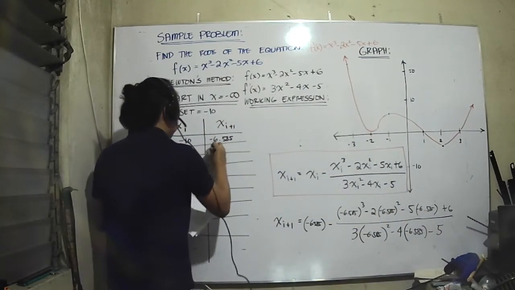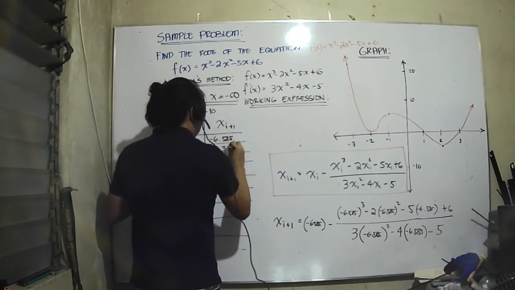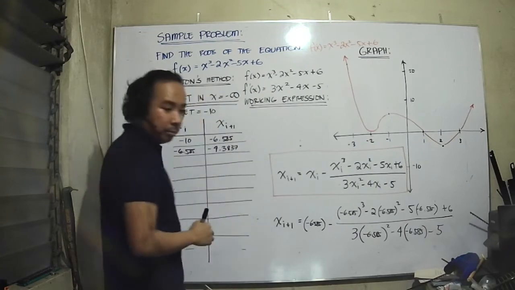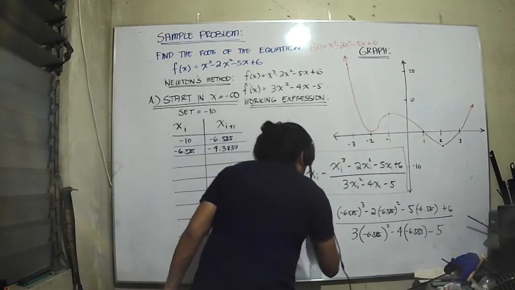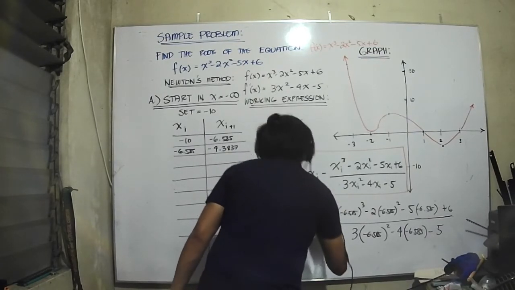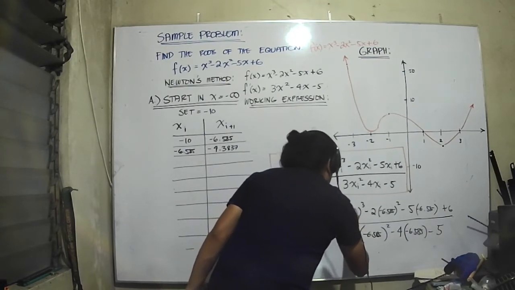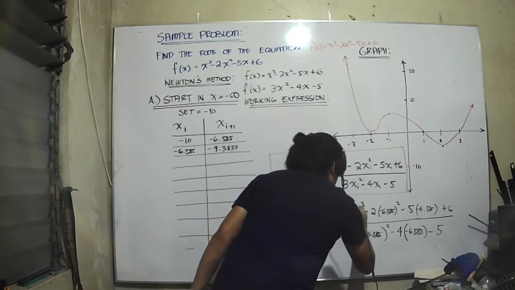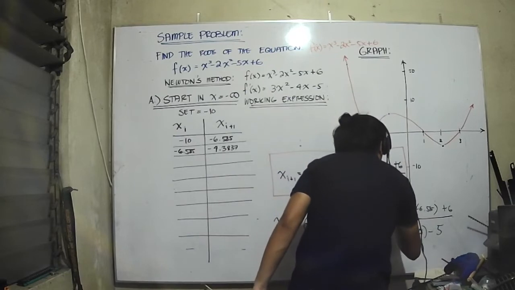That should be equal to negative 4.3837. Then I plug in negative 4.3837 next.